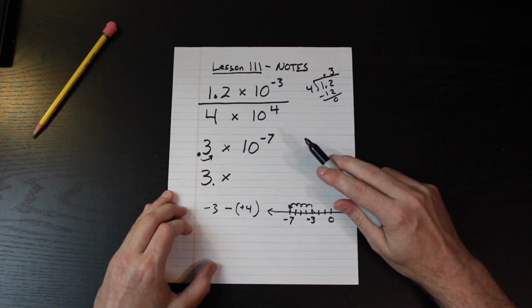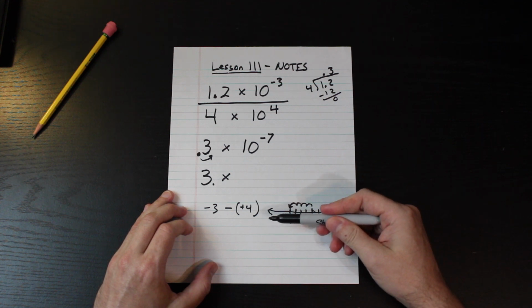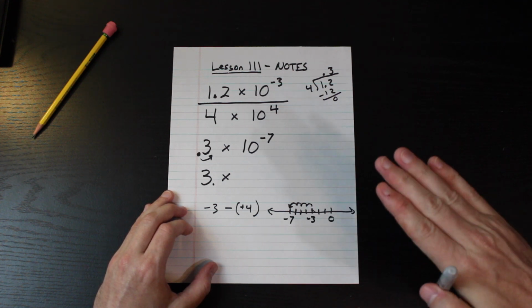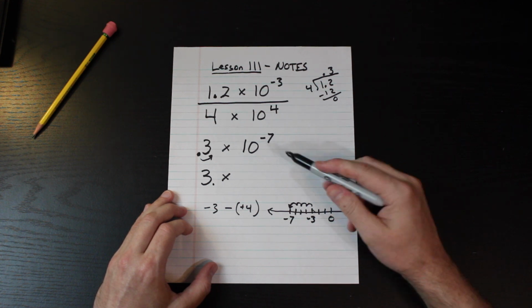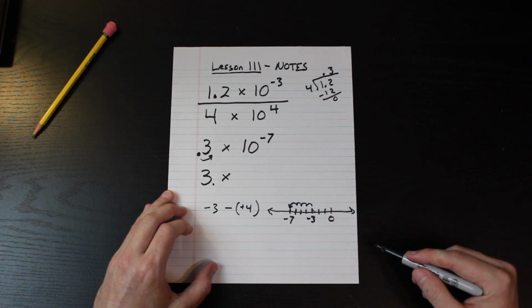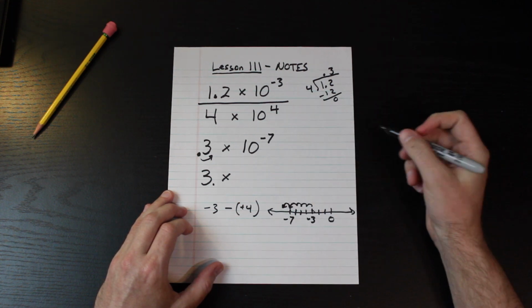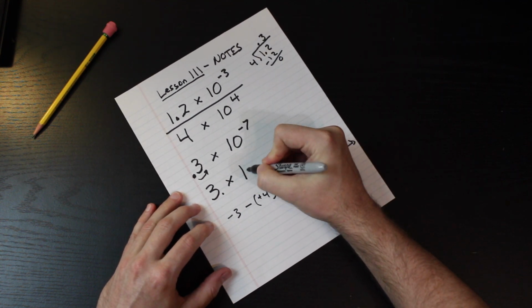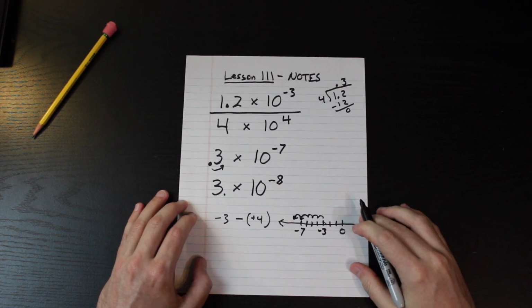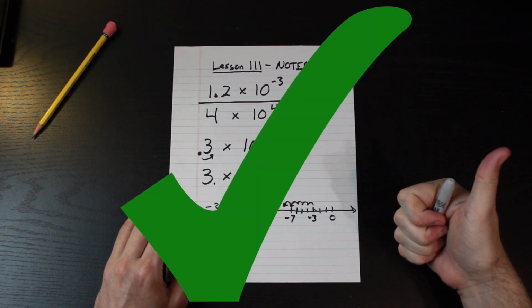Make sure you're thinking of larger negative numbers as getting deeper and deeper into a hole or into debt. So you are getting lower and lower, or the amount you have is getting less and less as a negative number increases in size. So we need to increase this negative number to make the whole thing smaller. So our final answer is 3 times 10 to the negative 8. That's it. You did it.